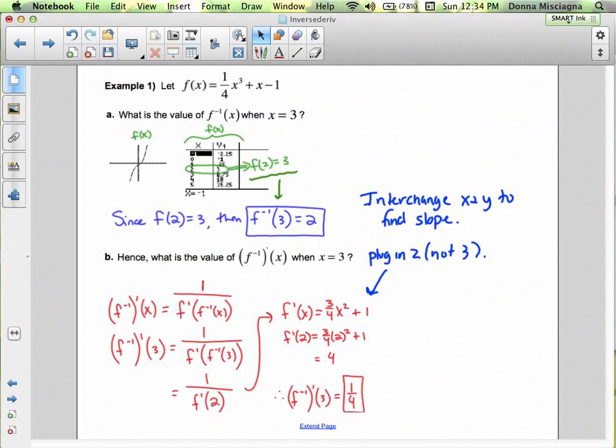Use the power rule, so the 3 is multiplied by the 1/4, so that's 3/4. Reduce the exponent by 1, so 3/4 x squared plus 1 is the derivative. And so you're simply going to have 1 over the value of the derivative evaluated at 2. If we evaluate the derivative at 2, we get 4, so our derivative is going to be 1/4. So this one was just solved for you, and make sure you plug in 2, not 3. So it's the y value that is plugged in because x and y are switched.